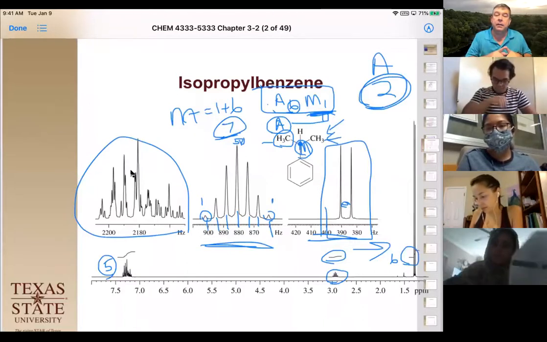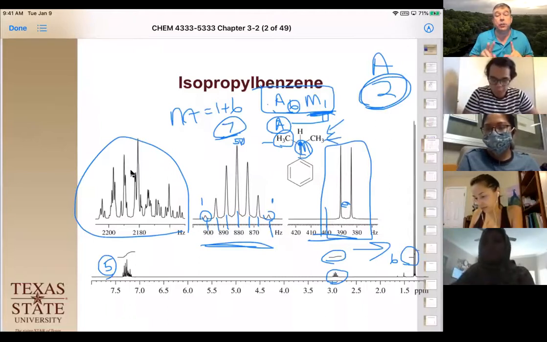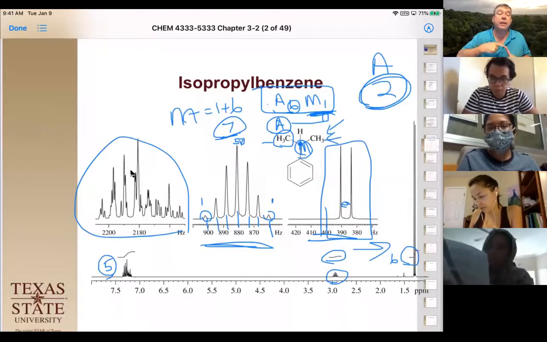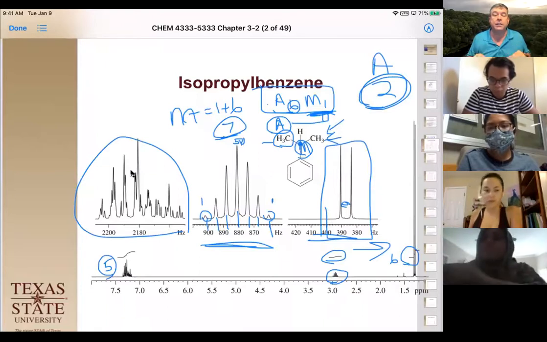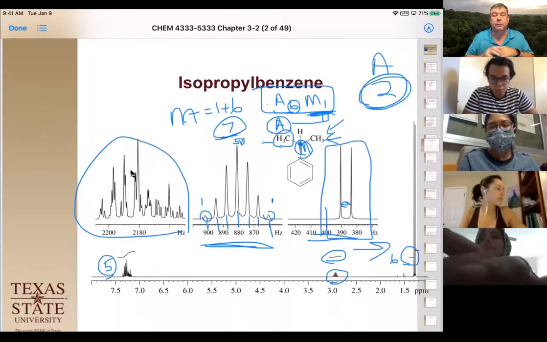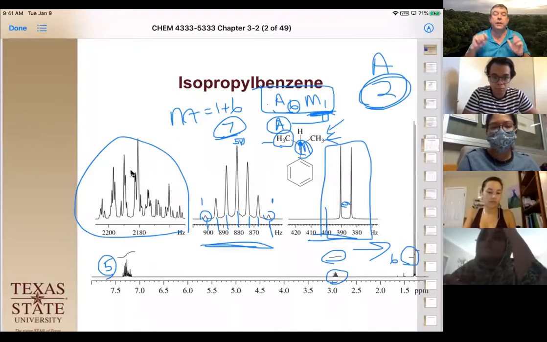So A being the atom of interest, M being the atom next to it that should be coupling to it because it's within 3 bonds, and then X would be the number of hydrogens or something that are on the thing that's far enough away from A to not split it, but close enough to M to split it. And so that way we can start building up how many things should be split through the hydrogen, carbon, carbon, hydrogen bonds. Okay, so that's what we've been talking about up to now.